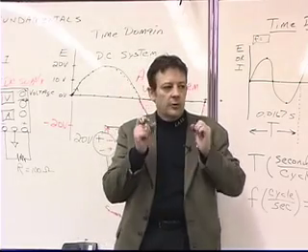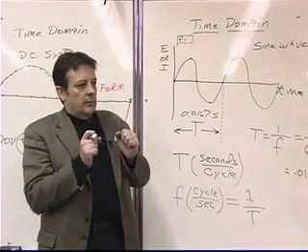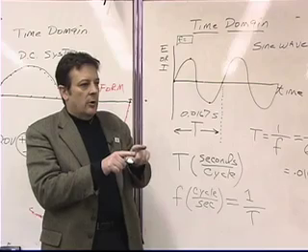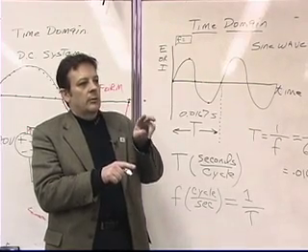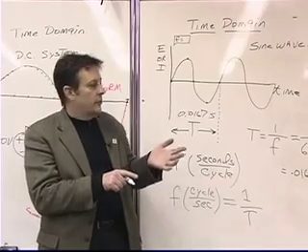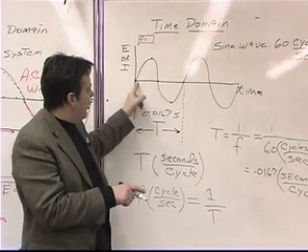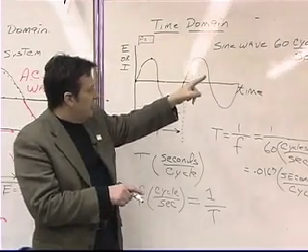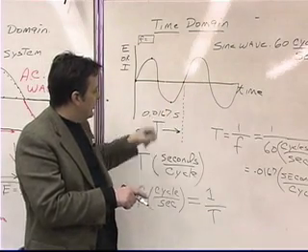If you took an oscilloscope out of this lab and you took it home and measured the voltage waveform inside one of the receptacles in your house, you would find that the amount of time it takes the waveform to repeat itself in a 60 cycle system is 0.0167 seconds.